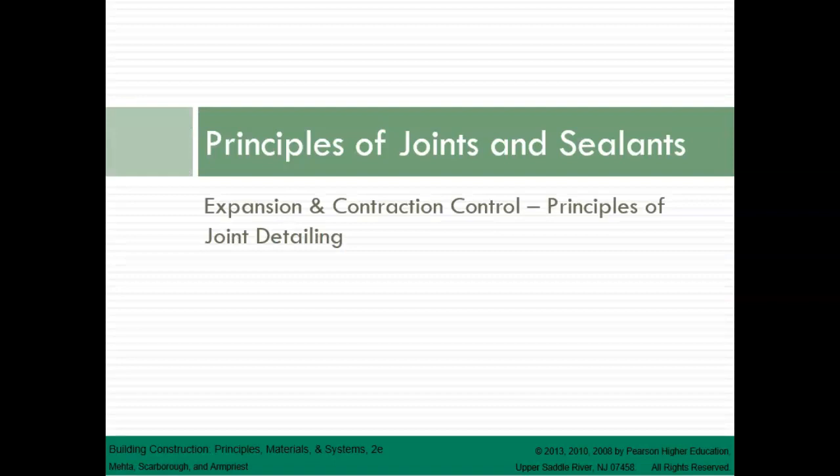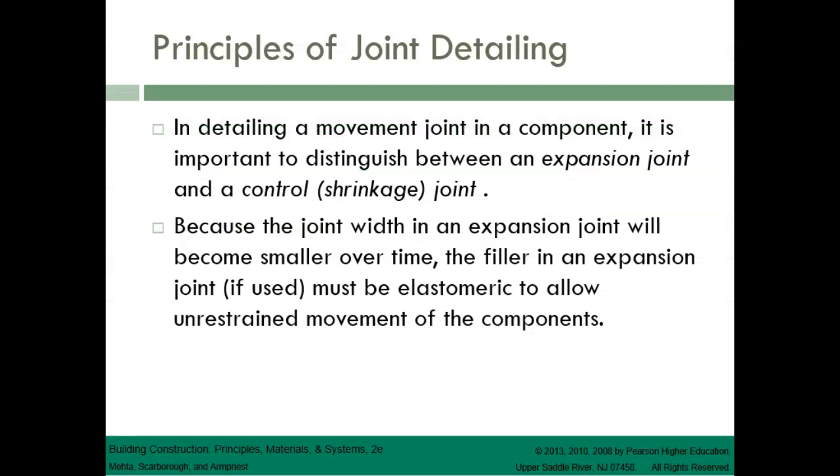Let's take a look at principles of joint detailing. In detailing a movement joint in a component, it is important to distinguish between an expansion joint and a control joint. Because the joint width in an expansion joint will become smaller over time, the filler in an expansion joint must be elastomeric to allow unrestrained movement of the components.